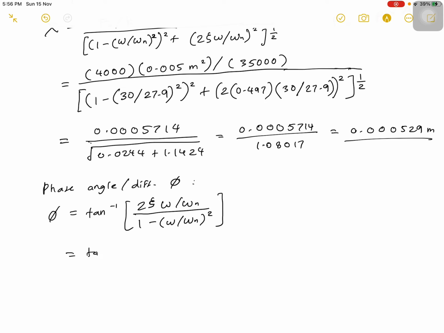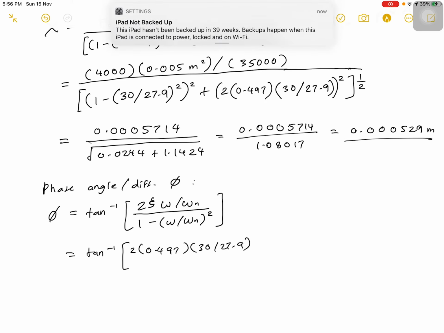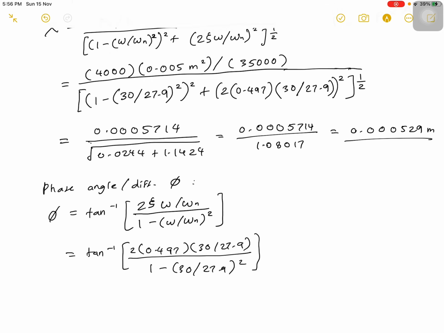Again, we just put in the value. We know already every value for each component. Zeta is 0.497. So I just write this down quickly: 30 over 27.9, and 1 minus 30 over 27.9 squared.